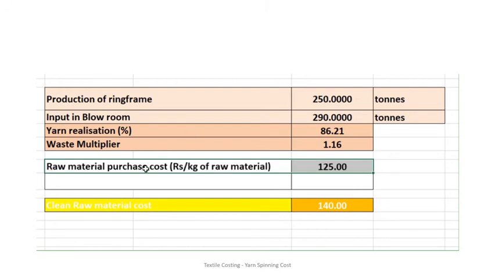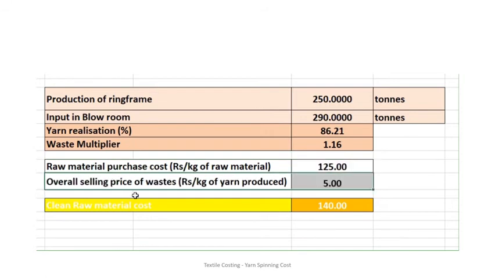One is the raw material purchase cost, rupees per kg of raw material, and the overall selling price of the waste, rupees per kg of yarn produced. Both are given.